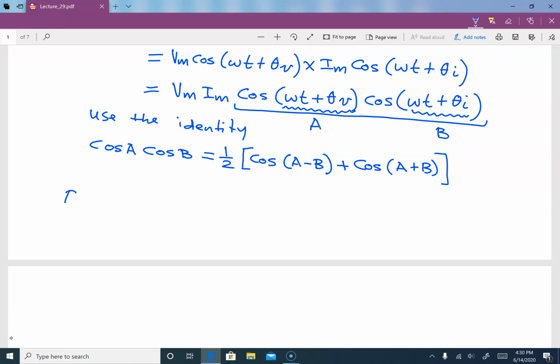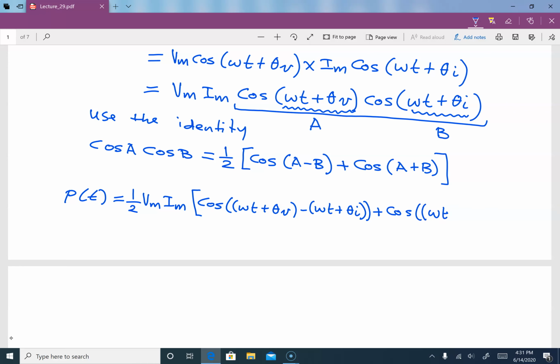Doing that, we get p of t equals 1/2 Vm Im multiplied by cosine of omega t plus theta v minus omega t plus theta i, plus cosine of omega t plus theta v plus omega t plus theta i.